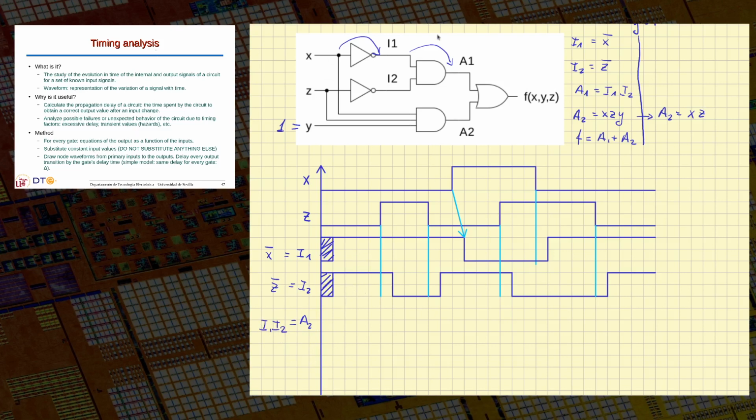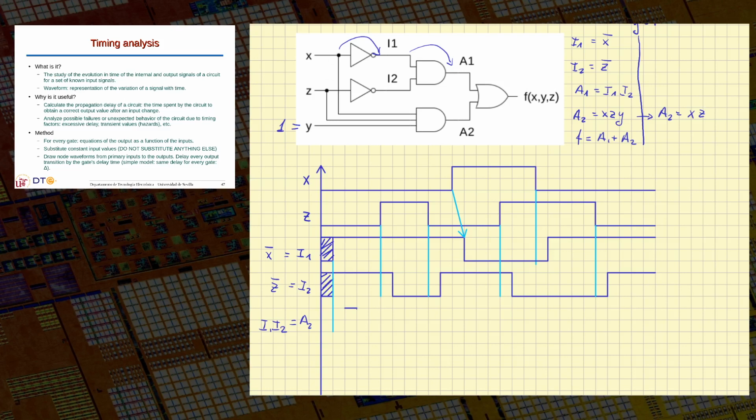So we start by noting that these two are 1. From here, at this point, let's mark that time. At this point, we know these two signals are 1. Okay, so 1, 1, 1, and 1 will give a 1. So I know A1 will be 1. Okay, I don't know what's the value up to here. I know it will be 1 starting at this point. Okay, a delta after I know the values of I1 and I2.